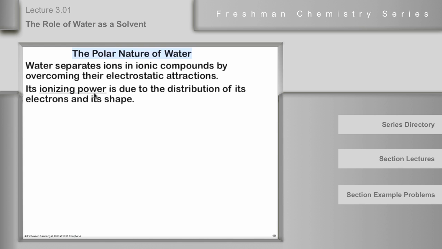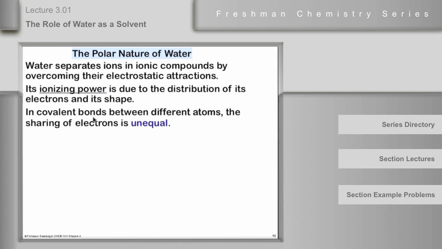Okay? So, water separates the ions in ionic compounds by overcoming their electrostatic attractions. Those ions in ionic compounds have strong electrostatic attractions, plus to minus, minus to plus. The ionizing power of water is due to the distribution of electrons in its bonds and to its shape.